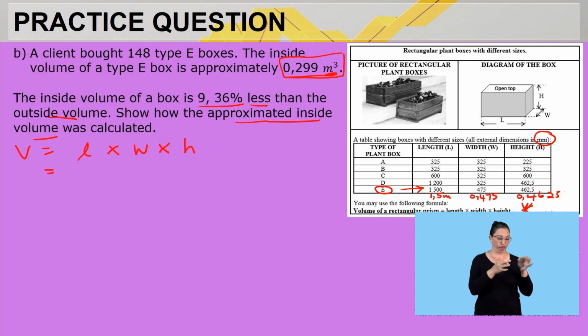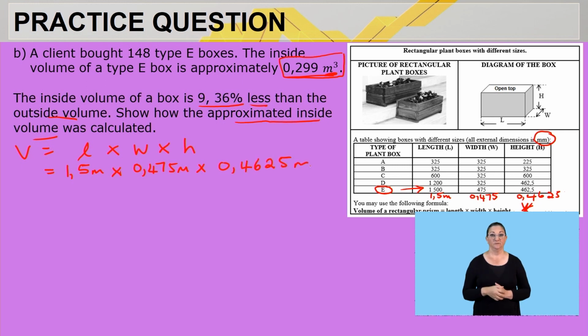I go back to my question. Here my calculation. So length 1.5 meters. Multiply by my width 0.475 meters. Multiply by my height of 0.4625 meters. Guys, I hope you are still following. Please use your calculator and perform the same calculations as what you see currently on the screen.